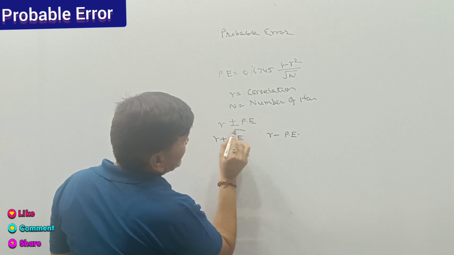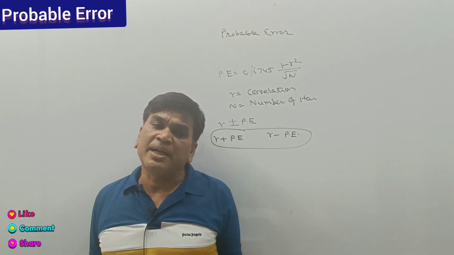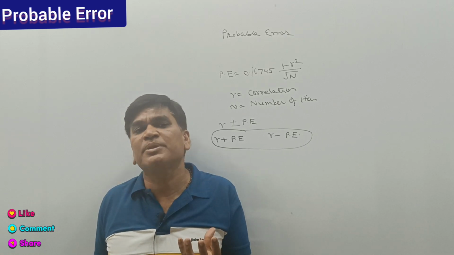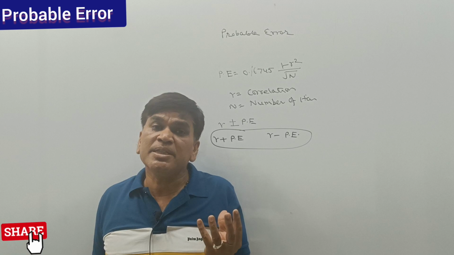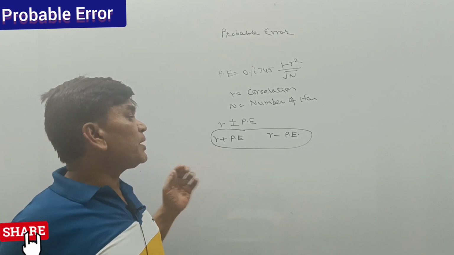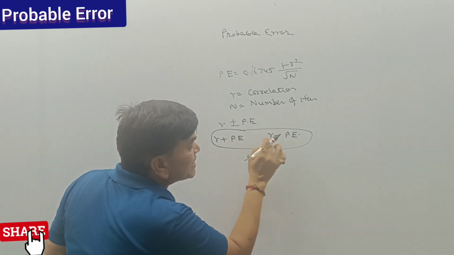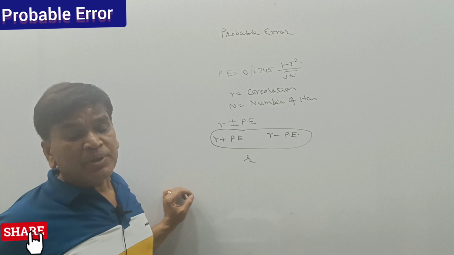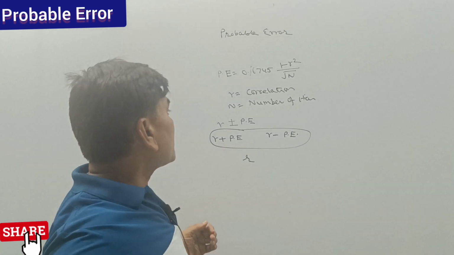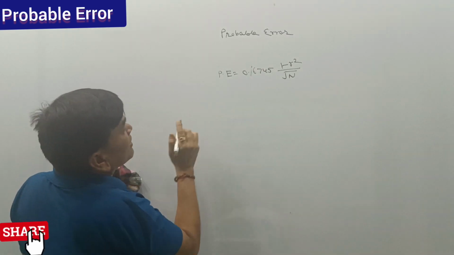If we calculate this range, and a large series is there, and we take a sample from the large series, then there is a very good chance that our sample value of R will lie between this range. For the test of significance of the correlation, our value of R should be greater than PE.